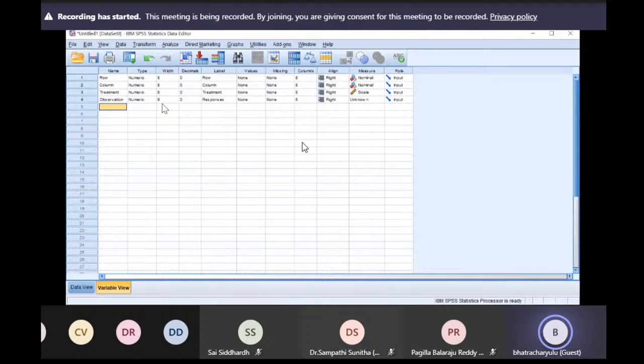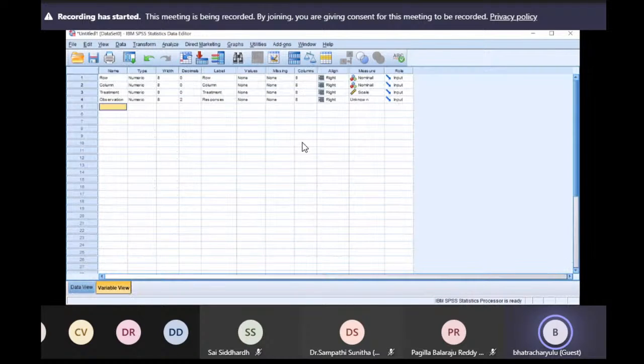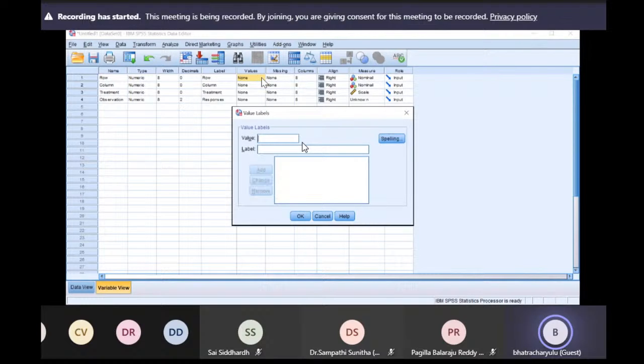Here values. You show the values column. No. In the variable view only. Values of the row that you selected. Yeah. You select the side. Here the labeling, and you can give these also if you want. Otherwise, automatically none.